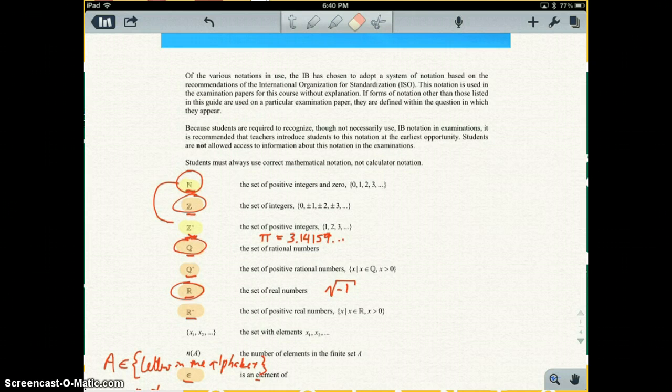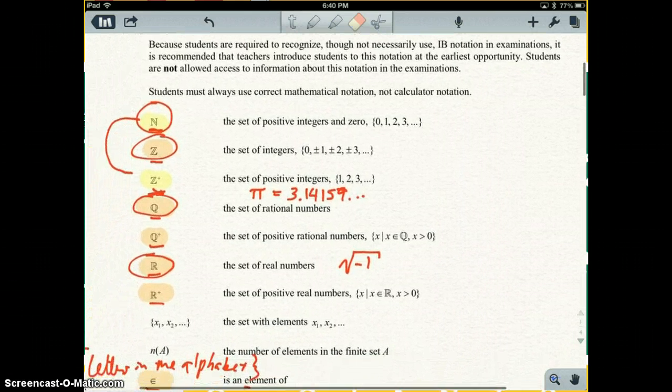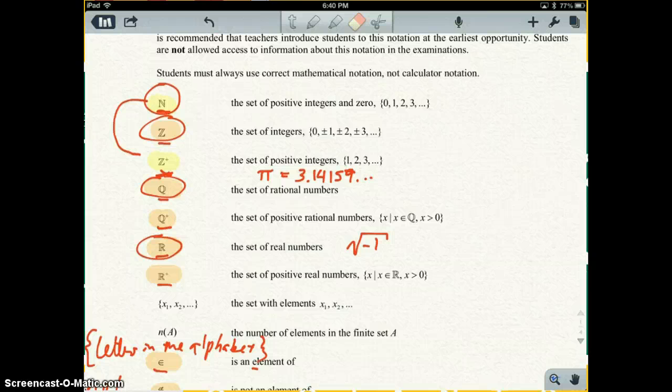So first we're going to talk about the different number sets. You all know what numbers are, but they are divided into different groups depending on their characteristics.